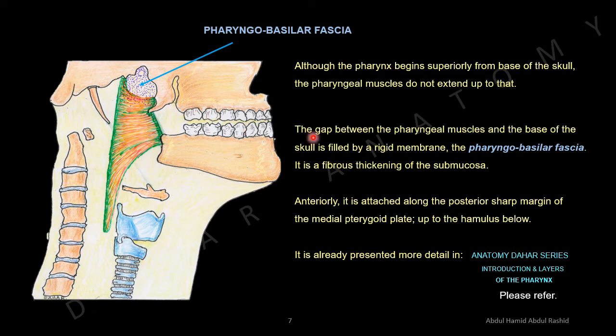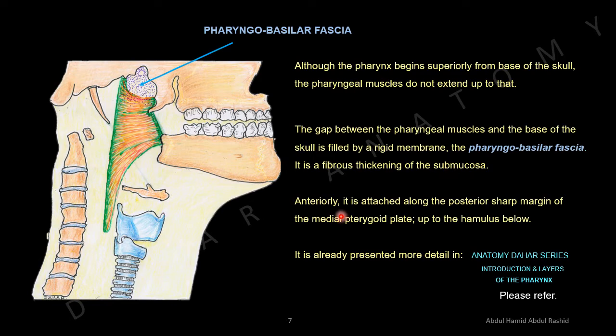The gap is filled by a rigid membrane, the pharyngobasilar fascia. It is a fibrous thickening of the submucosa.